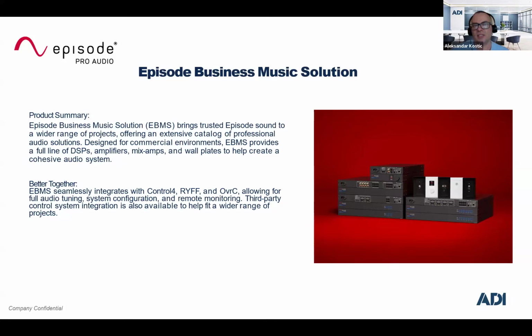Also, the DSPs from EBMS and amplifiers have balanced inputs and outputs, so they are designed for the commercial environment. We have three main products within the EBMS. First, a digital signal processor, acting as an audio matrix, where you can define inputs as either microphone input or music line input.